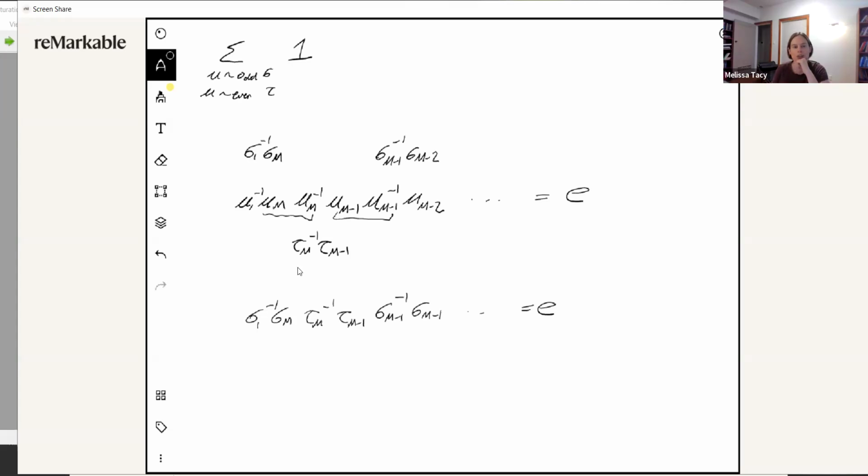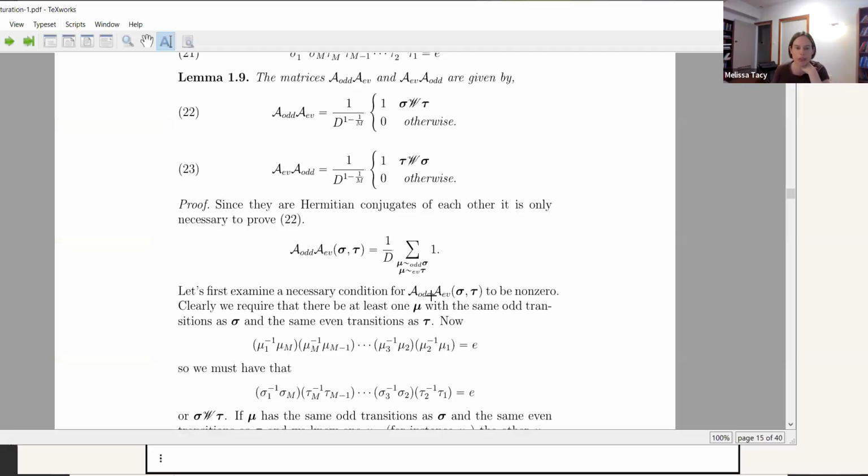So that one degree of freedom gives me the count of the number of terms in the sum. And so if you see here, I've got my 1 over d normalization factor. This 1 over d to the 1 over m comes from the fact that there is one degree of freedom to picking these loops.